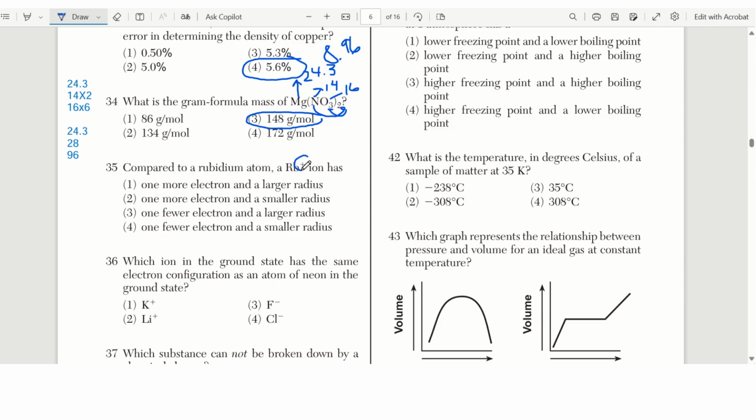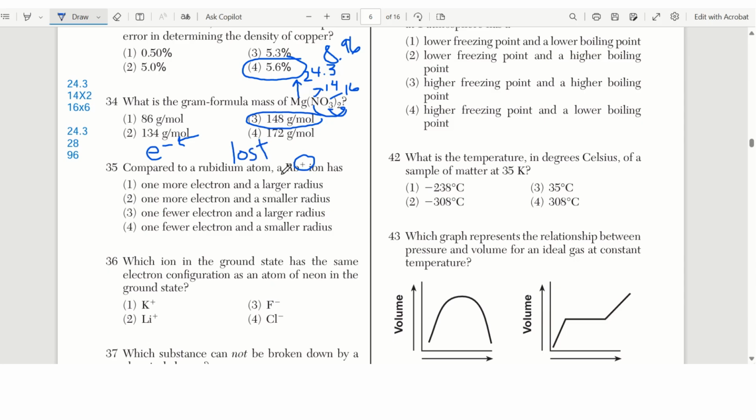So if it has a positive charge, right? What does that mean? Well, the only particles that can move are electrons, right? And electrons have a ding, ding, ding negative charge. So if rubidium has a positive charge as the ion, that means it lost an electron.